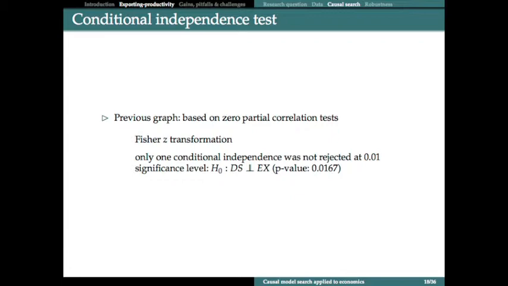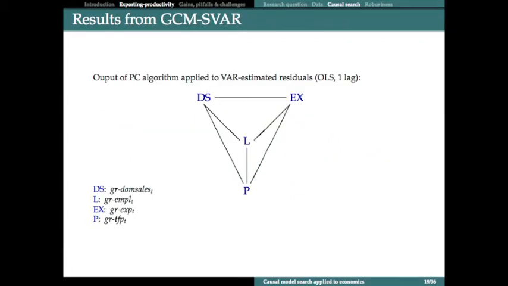And it comes out that only one conditional independence was not rejected at the 0.01 significance level. If we change the significance level or use another lag, we get this structure. So we don't find zero partial correlation when changing the significance level or the lag.